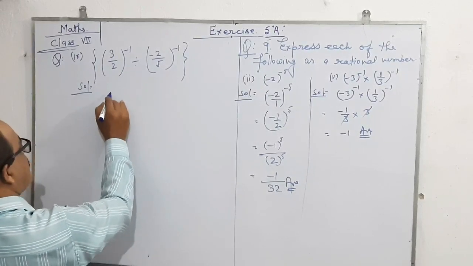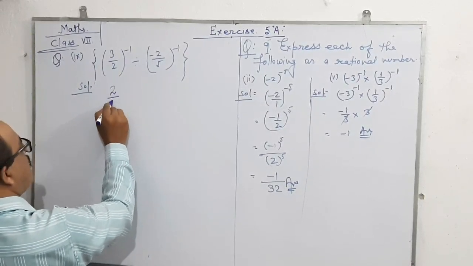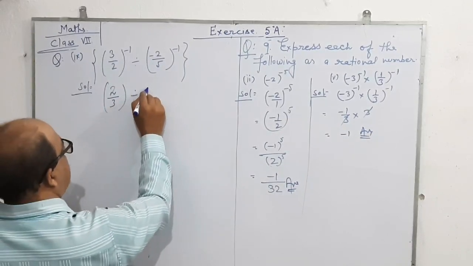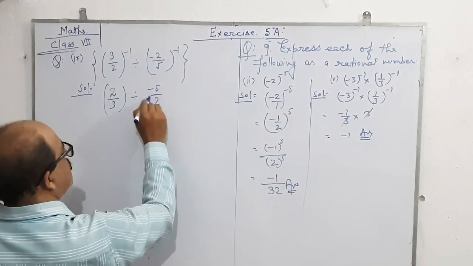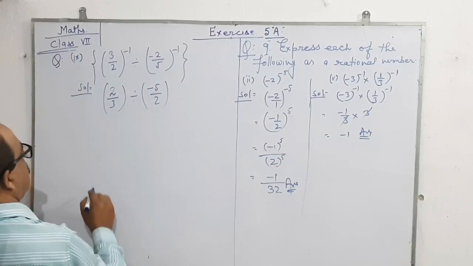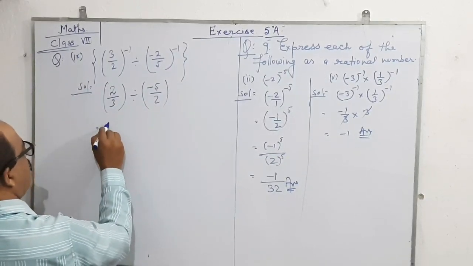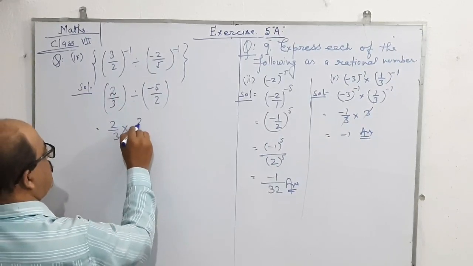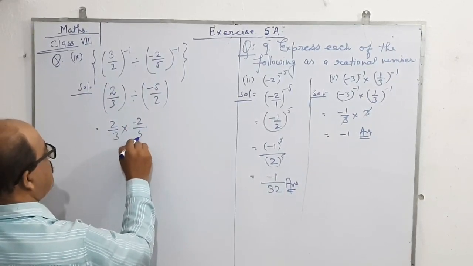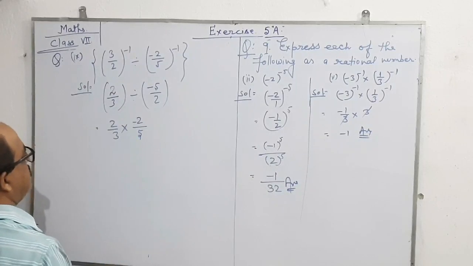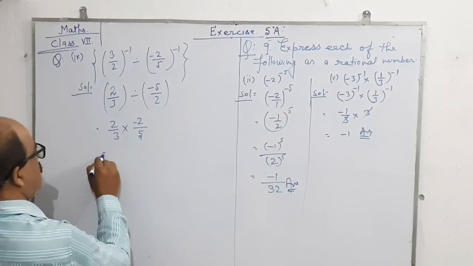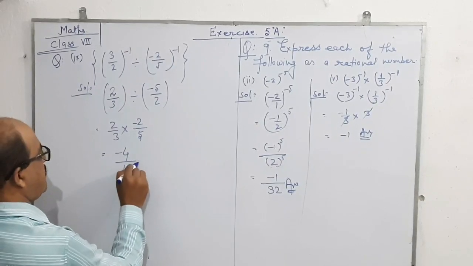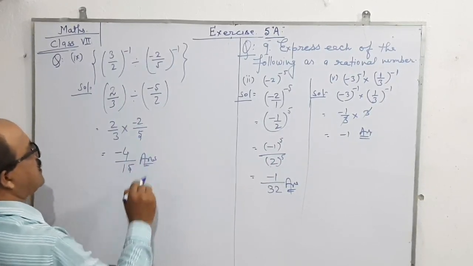It means write down the reciprocal of it. 2 by 3 divided by minus 5 by 2, so 2 by 3 into minus 2 by 5. 2 twos are 4, minus 4 by 3 fives are 15, and this one is the answer.